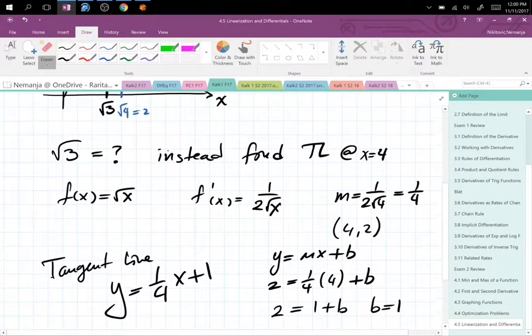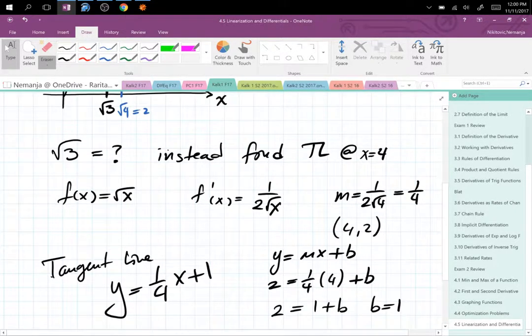So we start from the question, what is the value for square root of 3? And the answer is, batteries are dead, I have no clue. Aha, but I can find the tangent line at 4, which is close. Go to the procedure for the tangent line, obtain the tangent line, and now instead of calculating square root of 3, you take that 3 and you plug it in the tangent line.